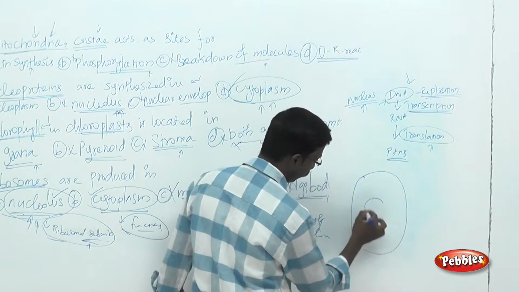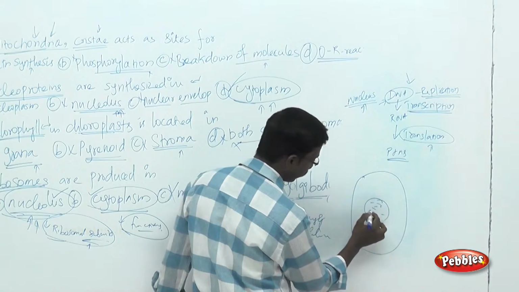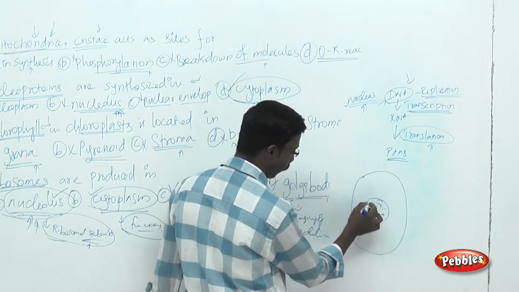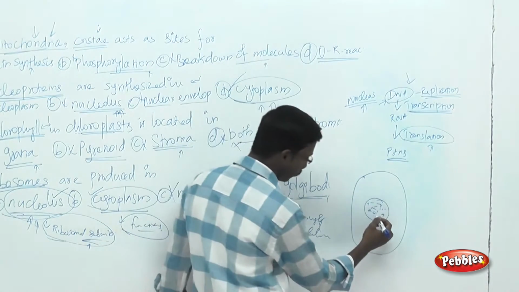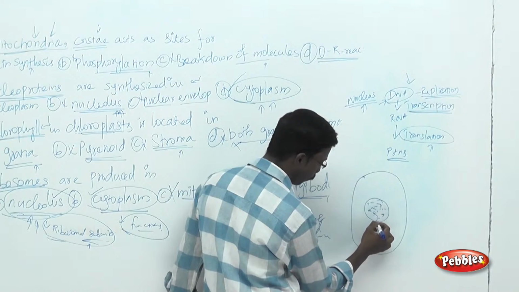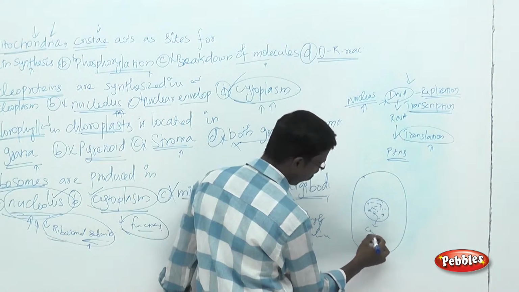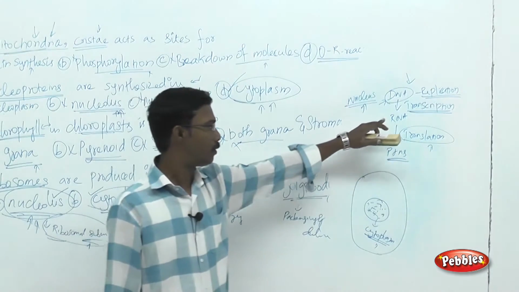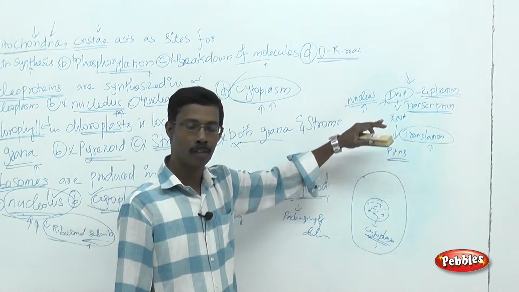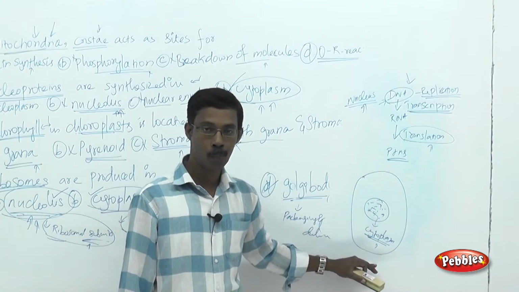This is a eukaryotic cell. All the RNAs are synthesized by means of transcription within the nucleus, and after the synthesis they will be transported to the cytoplasm.